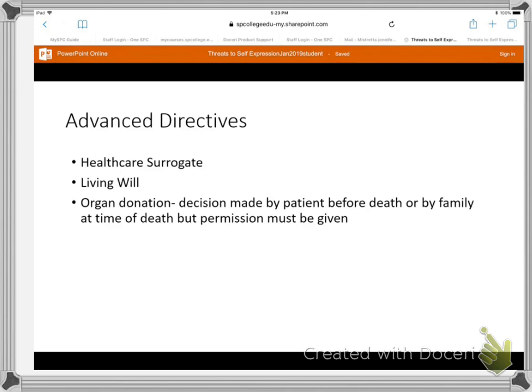You want to make sure that whoever's your healthcare surrogate knows, because you want to have these conversations with them and make sure they know what your wishes are. Let's say for some reason you decide that the fireproof box in your bedroom, on the bottom of your closet under all your clothes, is where your living will and DNR are, and you haven't talked to anybody about it.